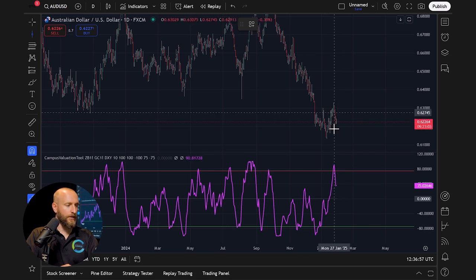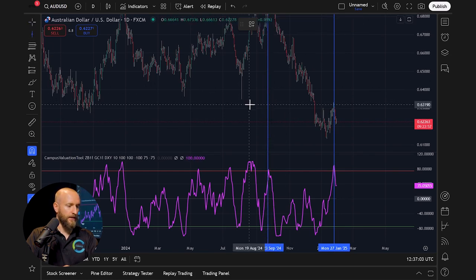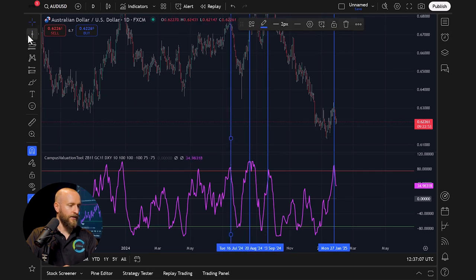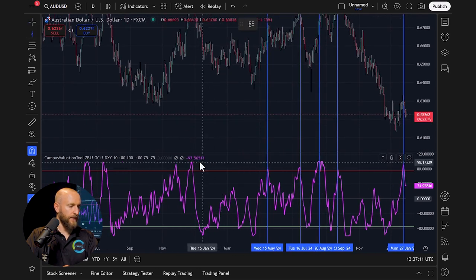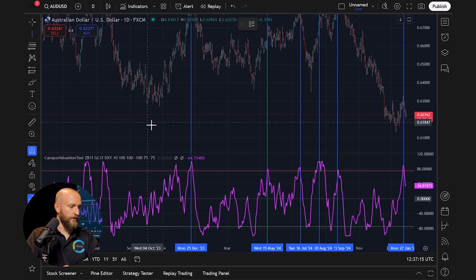So I'm going to put a vertical line right here. I'm going to do it again here, here, here, and here. And let's do 2 more. For example, here, and we can also pick this one, right?